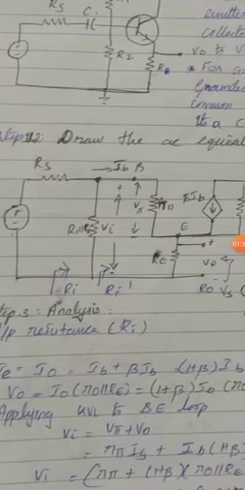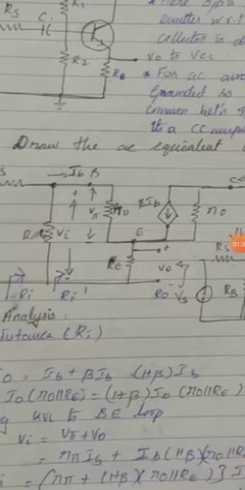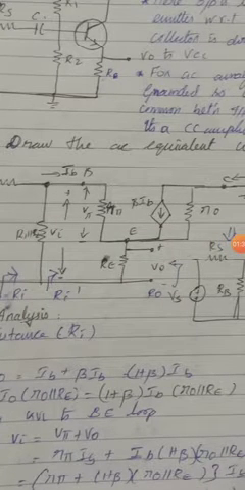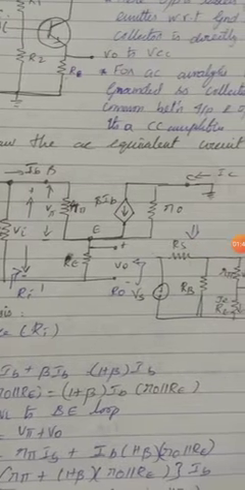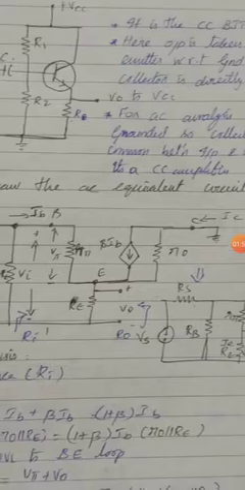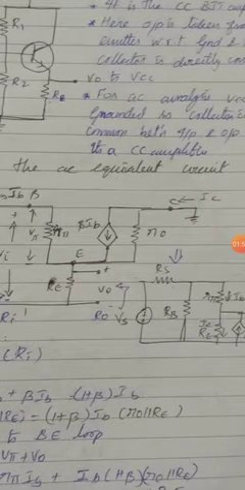Here RS will be there, and then R1 in parallel with R2 can be written as RB. The common collector amplifier equivalent circuit is drawn here, and the emitter has the emitter resistor without bypass, so RE will be as it is. On the output side we have no RC, it is directly connected to VCC, so VCC should be grounded.